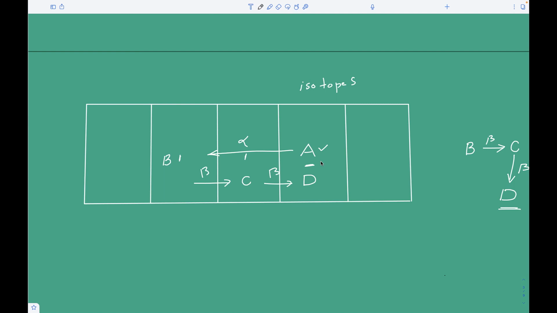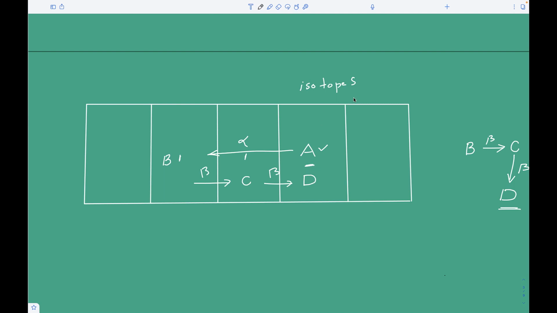Though Soddy initially thought that A and D are two different elements with identical chemical properties, that is, isotopes are two different elements with identical chemical properties, he soon understood that they are in fact one and the same element.